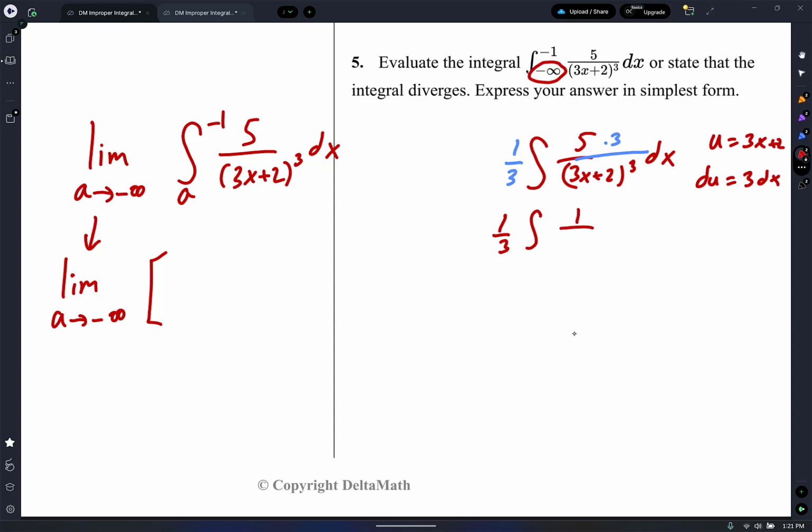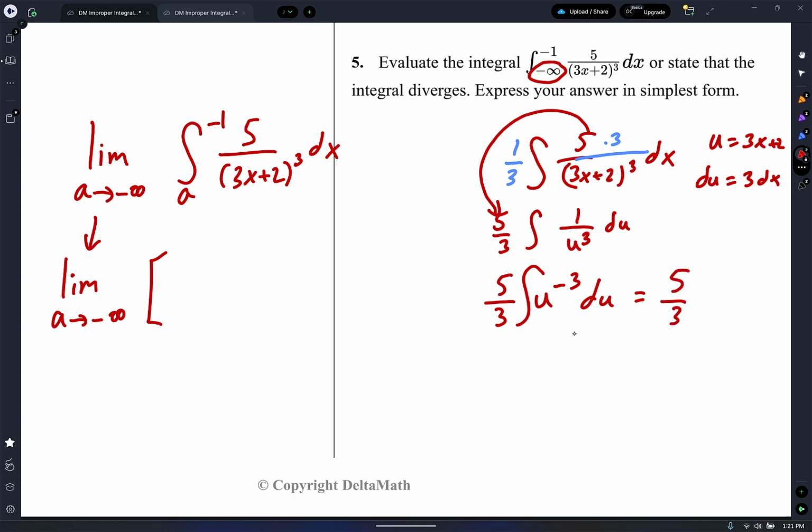So I'm going to put the 5 right here, guys. That 5 is this 5. 1 over u to the third du. Bring that up. 5/3 u to the negative 3 du. So 5/3 u to the negative 2 divided by negative 2, plus c.